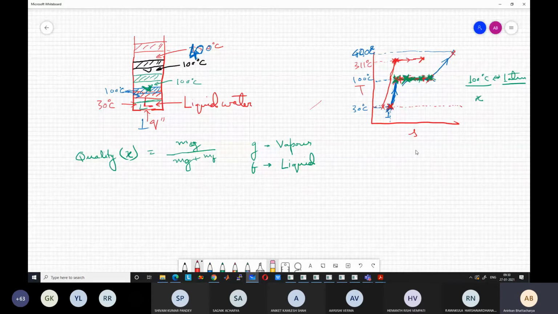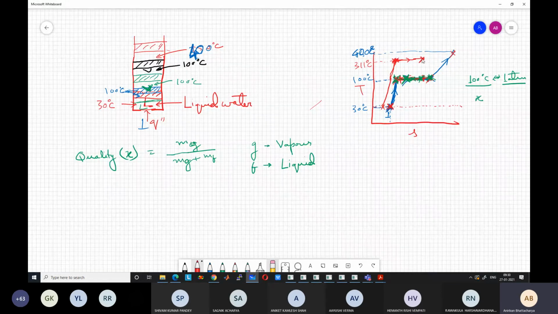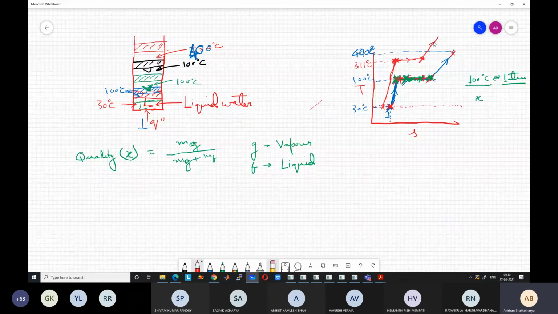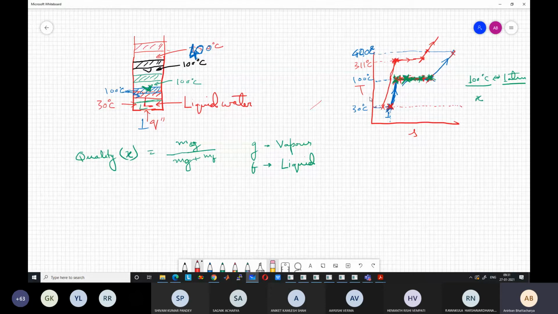If you keep on performing this experiment at various pressures, just by changing the weight on the piston, say I start the experiment from 1 atmospheric pressure, then 1.1 atmospheric pressure, 1.2, like this, I keep on doing hundreds of thousands of times. What we will get? We will get lines like this, which will denote the starting and ending point of the boiling process for each pressure.